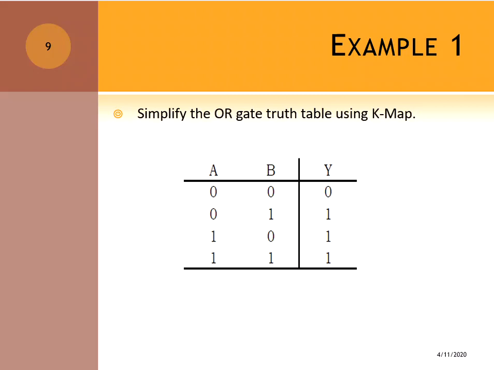So you can see that only when A is 0 and B is 0, output Y is 0. The rest will be 1. Now let's try to get the simplified equation for this two-input OR gate truth table using K-map.